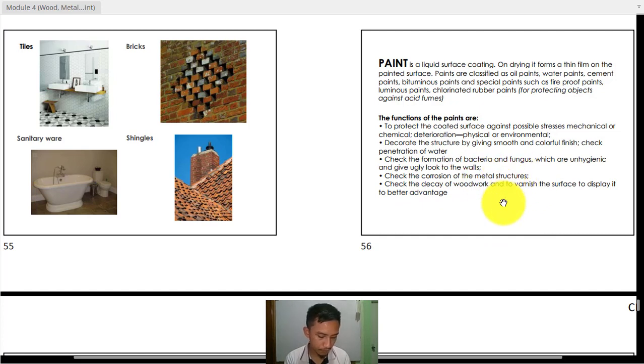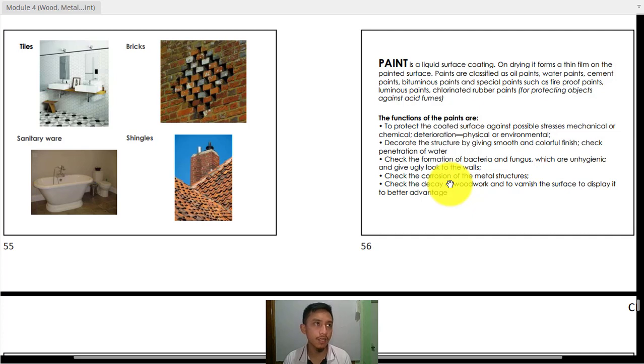So commonly on actual construction, if we suddenly stop the construction because maybe there is a shortage of budget, and there are protruding bars on your construction, we need to apply what we call anti-rusting paints, a certain type of paint that will prevent your metal from corrosion or rusting.